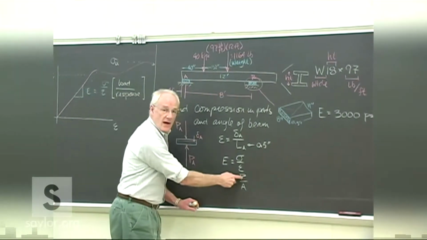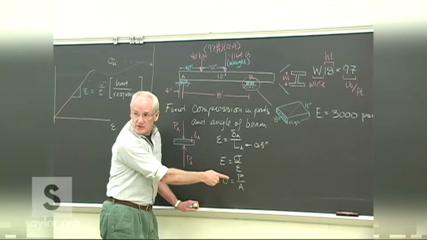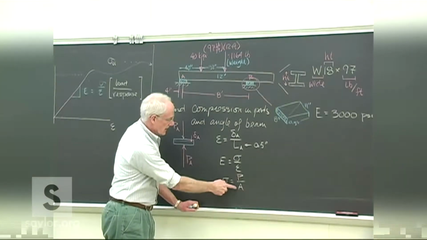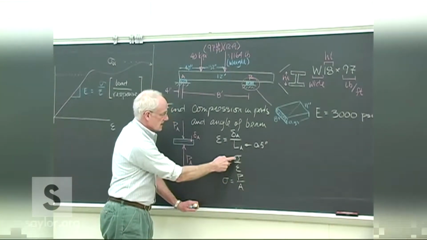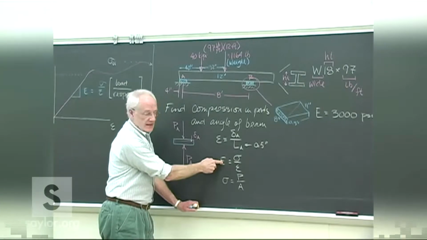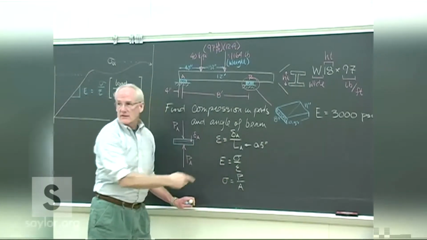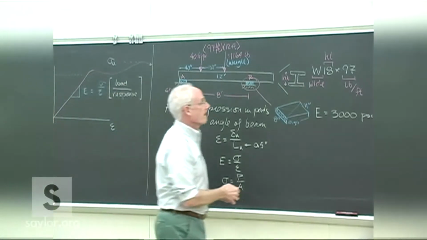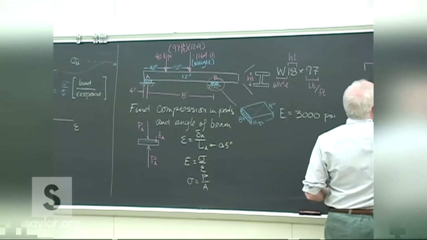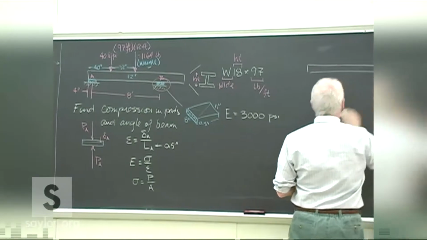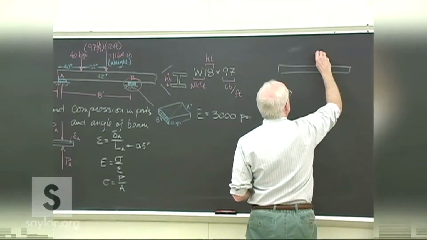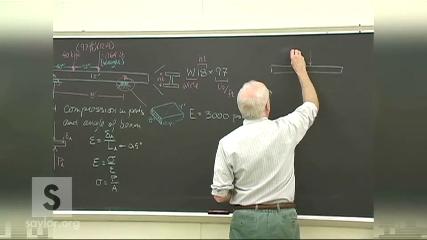So the load we can find, that we could have done that last fall. That's just straight statics to find the load. Then we can find the stress. Once we have the stress with the modulus of elasticity, we can find the strain. Once we find the strain, then we can find the deformation. So, a real quick statics analysis.